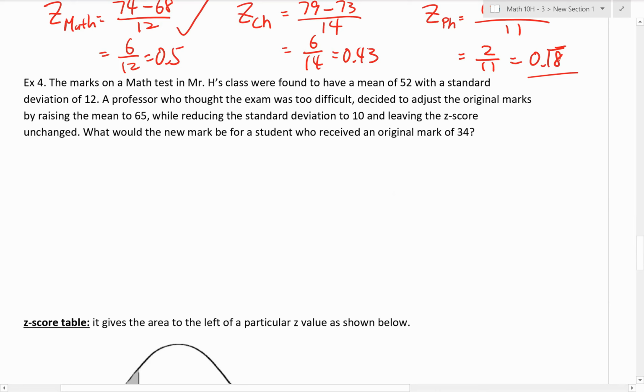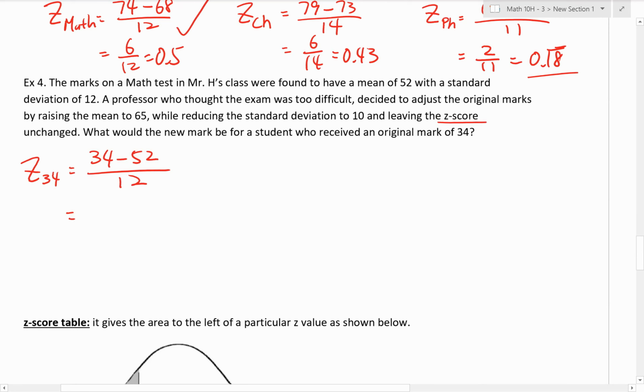Since the z-score is going to be unchanged, I'm going to calculate the z-score first for the original mark of 34. To calculate z, again, it's the score minus the mean, which was 52, divided by the standard deviation of 12.